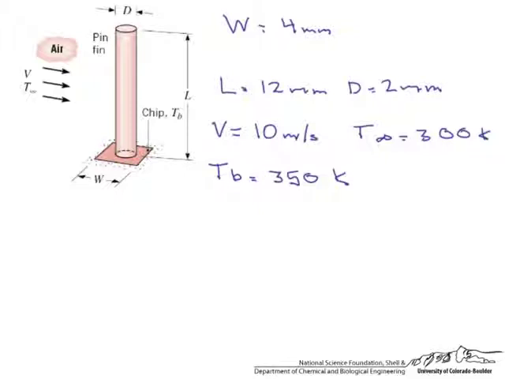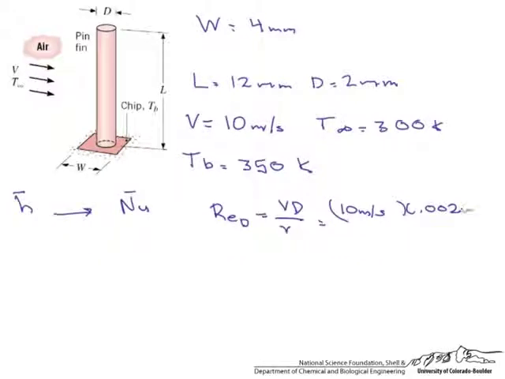So the first thing that we're going to have to do is find our H, and it's an average one. In order to do that, we're going to have to use a Nusselt number correlation. As you know, all the Nusselt number correlations are a function of the Reynolds number as well as the Prandtl number. So let's calculate this Reynolds number: V, that's the velocity, so this is 10 meters per second times 0.002 meters.